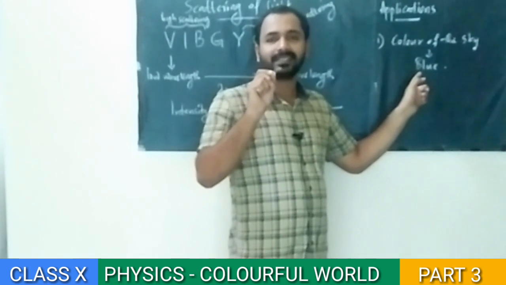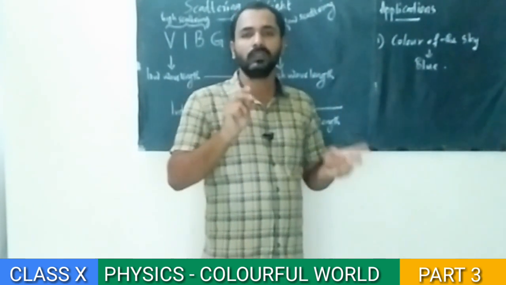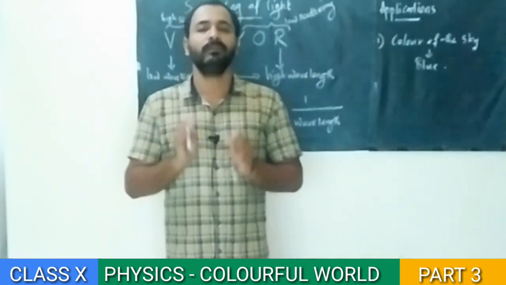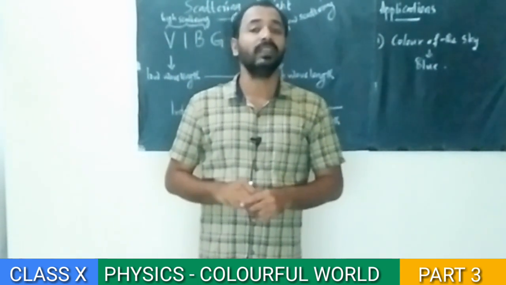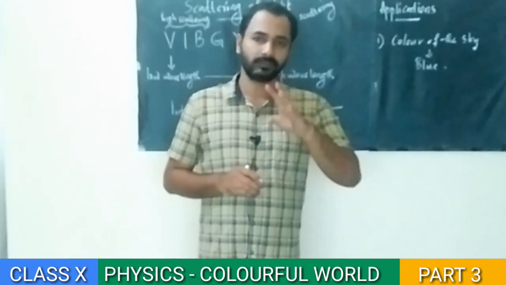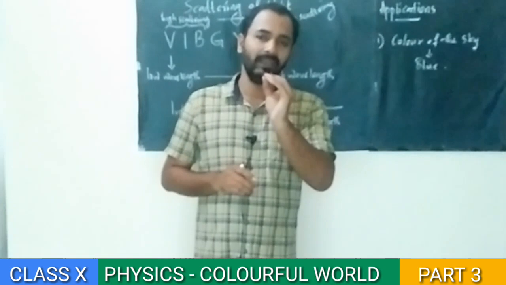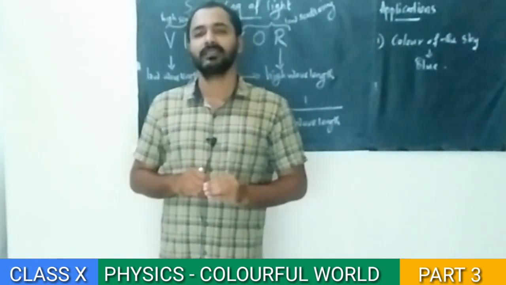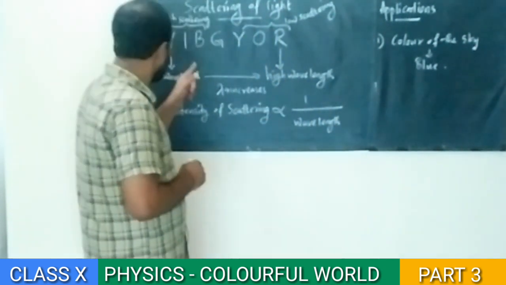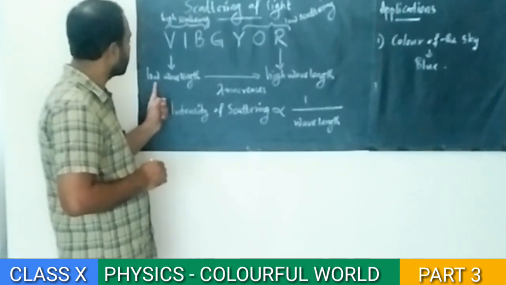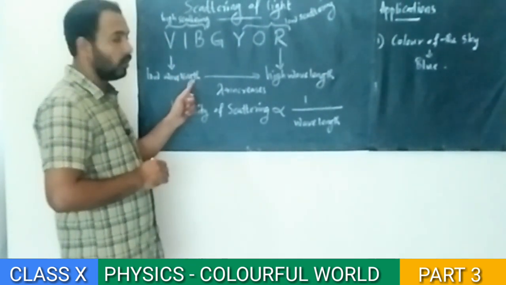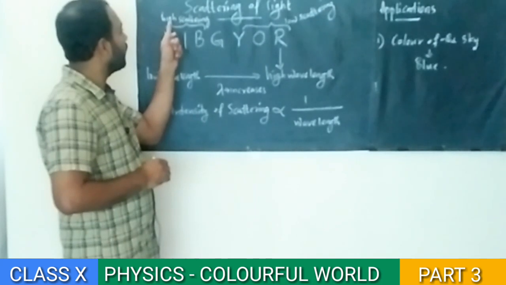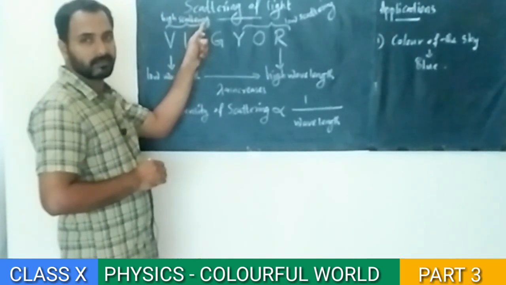Blue color is scattered more by the very fine particles present in the atmosphere. Then the wavelength of the blue color is low wavelength. Low wavelength color, high scattering.